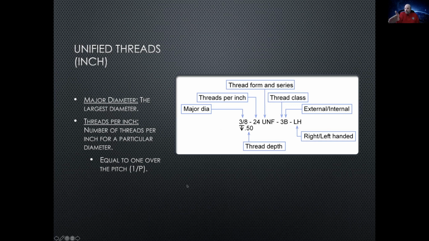And that might be important if you're using a threaded system to position something relative to something else. Then you might need a controller to control the motor that spins the thread or the lead screw so you can control the positioning of something to high accuracy. So these things are important when you're designing.